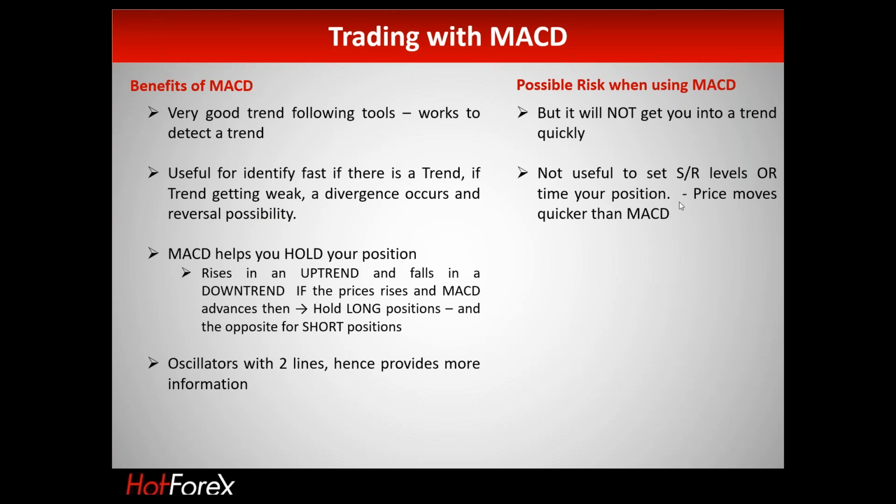However, as we said before, it doesn't provide you oversold levels or support and resistance levels on the price action. I mean, ATR gives you an indication of how many pips the price action can move.